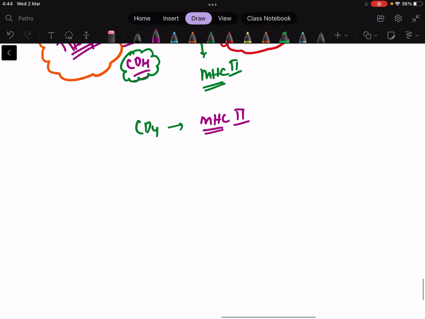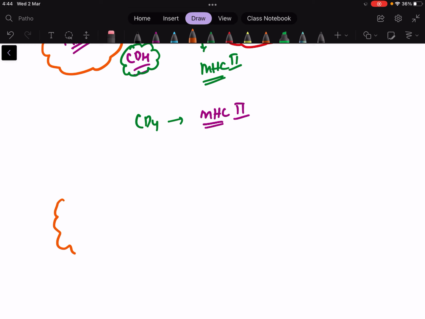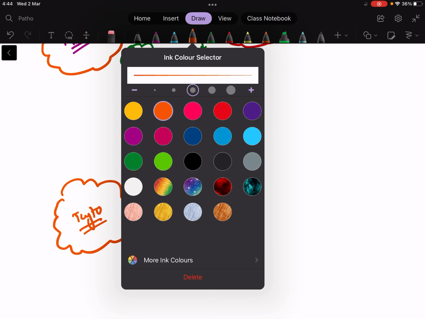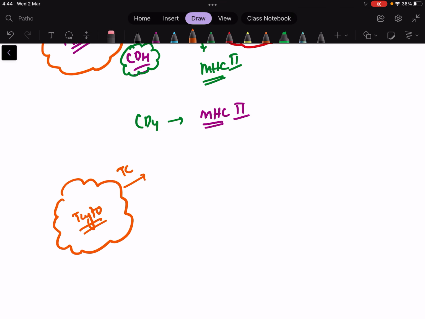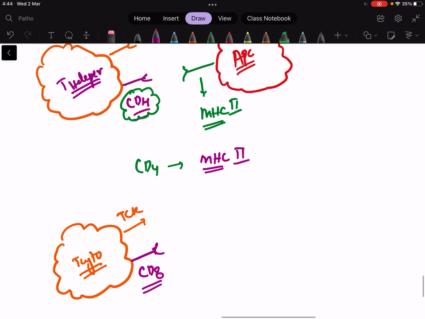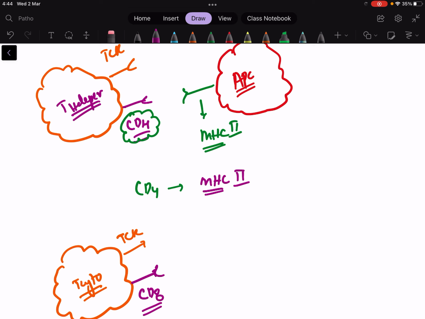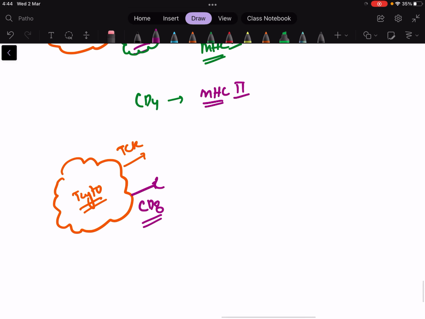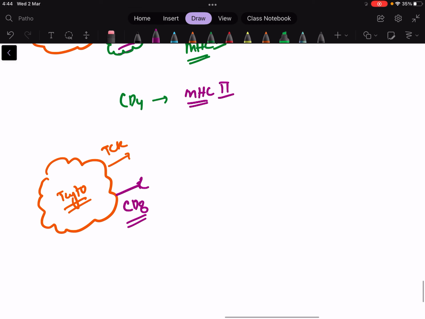Whereas in the case of a T cytotoxic cell, this is a T cytotoxic cell. This T cytotoxic cell is going to have a receptor called your T cell receptor. On top of that, it is going to have your CD8 receptor. In the T helper cell we see the CD4 receptor, whereas in the case of T cytotoxic cells we are going to see the CD8 receptor. So what will happen?